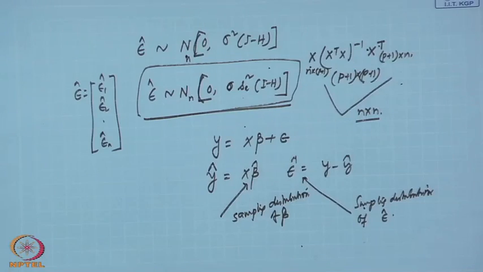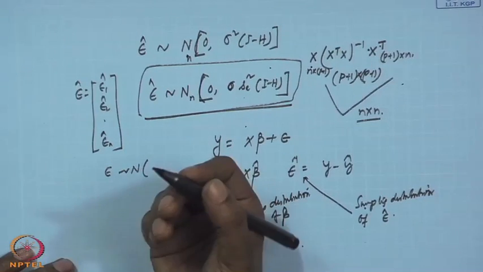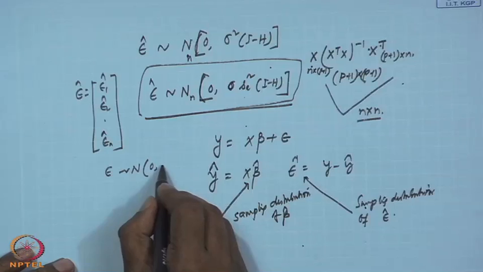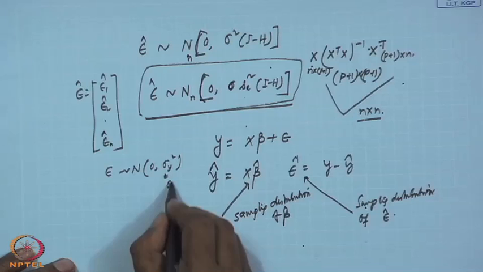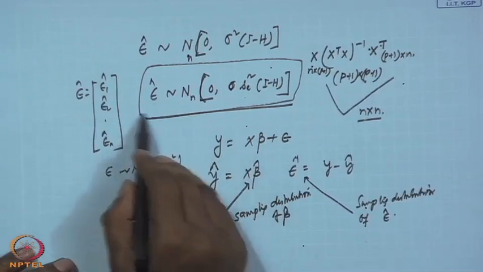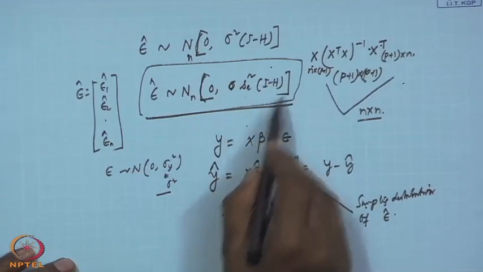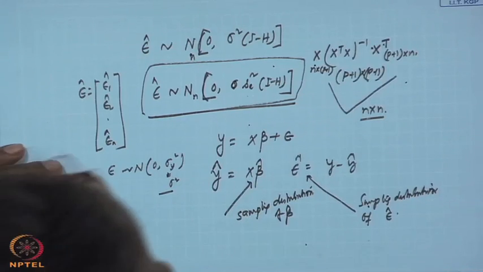What is the learning here, apart from beta? The distribution of epsilon cap is not the distribution of epsilon. We have assumed the error terms in our population domain are normally distributed, each error with 0 mean and sigma square variance. But when you calculate these error terms, you get a multivariate normal distribution for the error term.